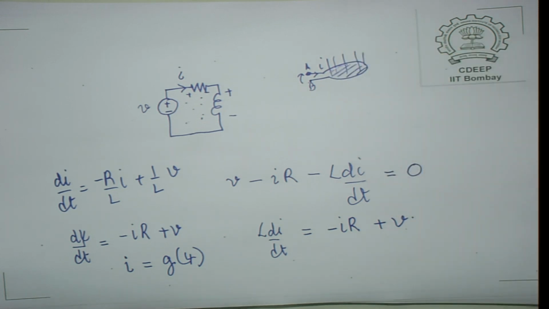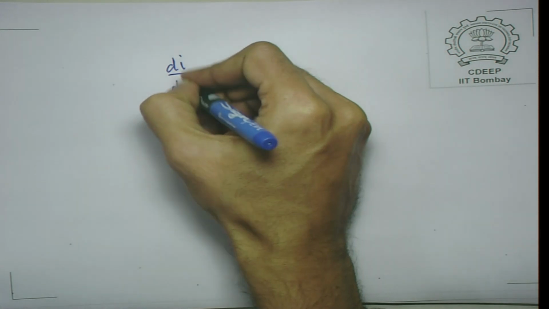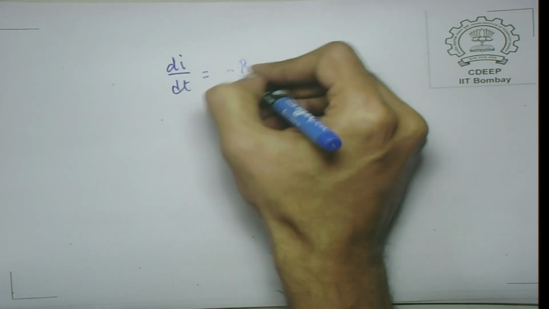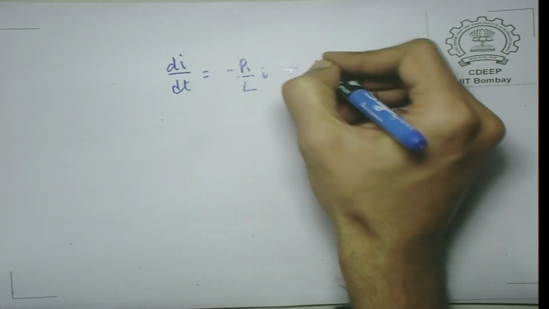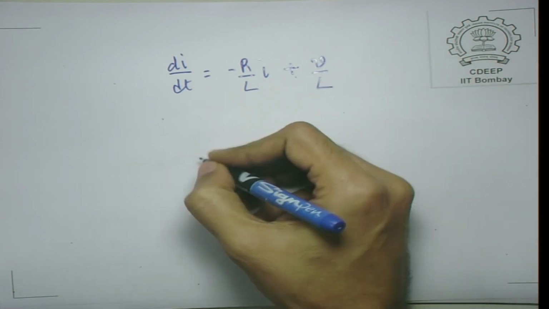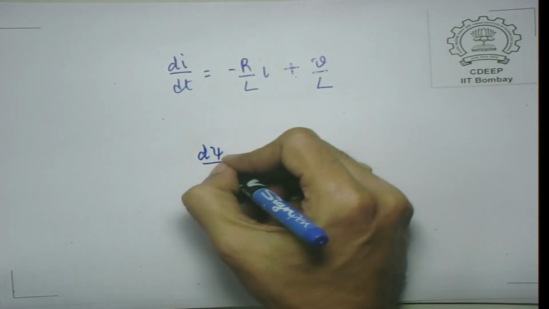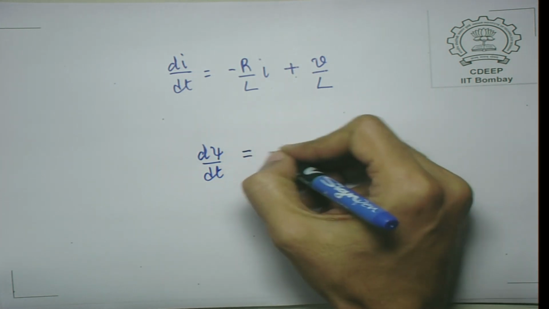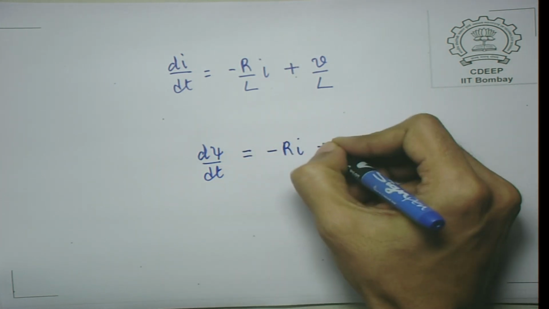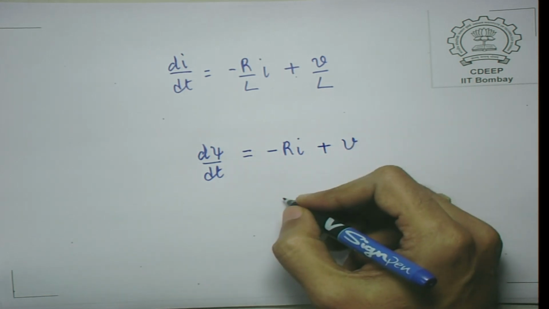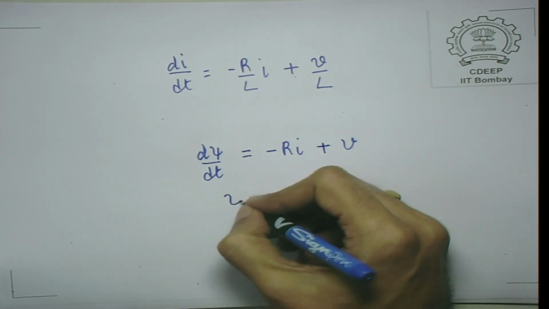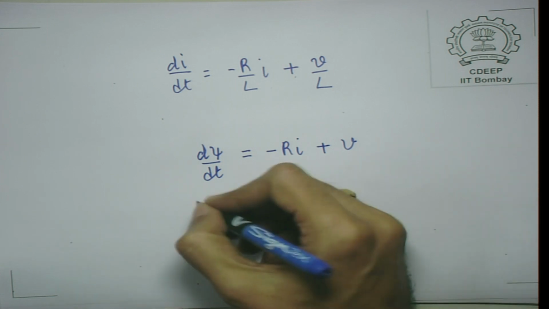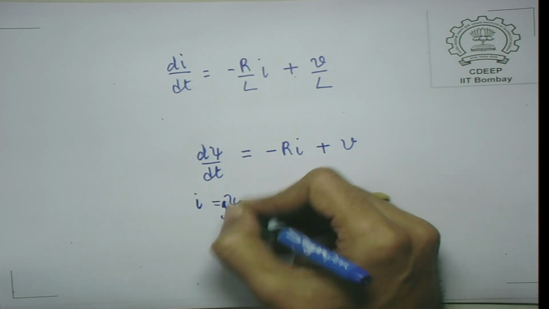So, an alternative way of writing it is: you can write di by dt is equal to minus R by L times i plus V by L, or you can write it in terms of the flux, or flux linked in case there are a number of turns, d psi by dt is equal to minus R I plus V, and I is equal to a function of psi.